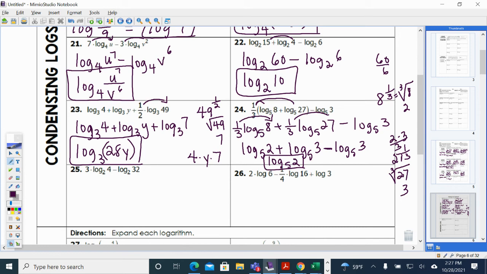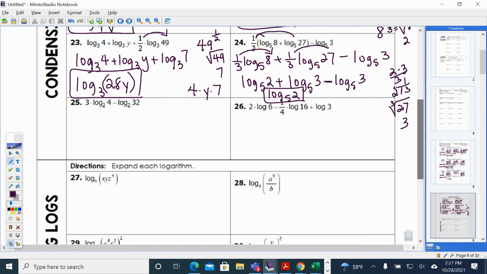I'm going to do these last two here. Number 25 says 3 times log base 2 of 4 minus log base 2 of 32. Move the 3 to be an exponent. Log base 2 of 4 to the 3rd power minus log base 2 of 32. 4 to the 3rd power is 64.